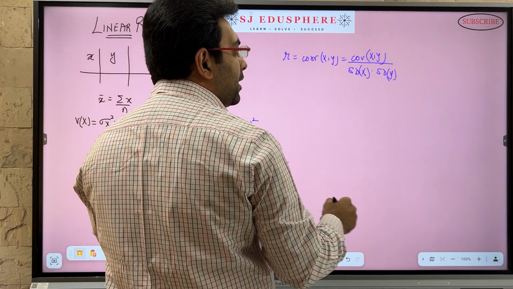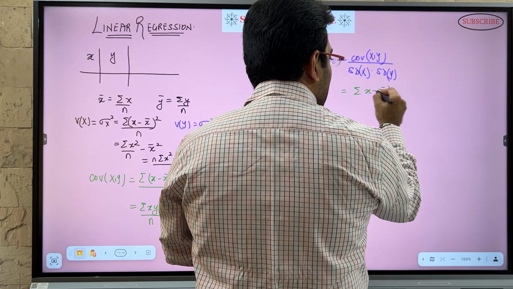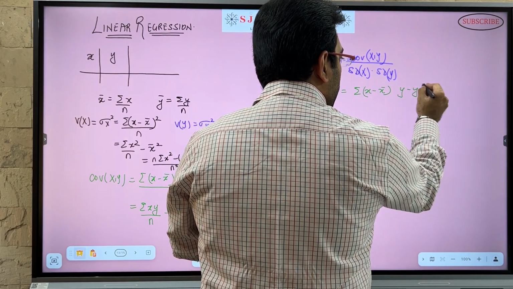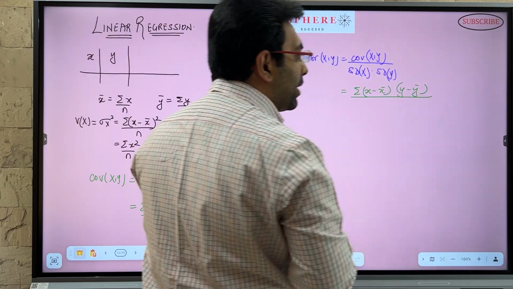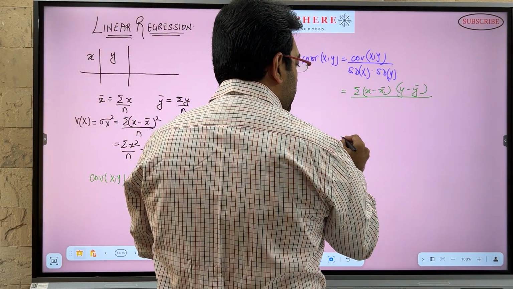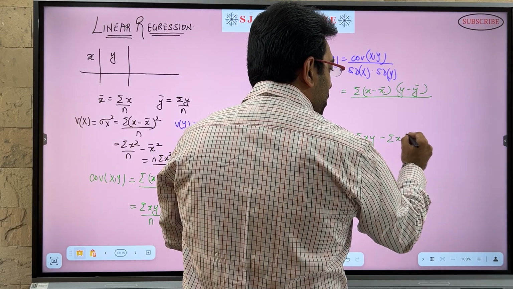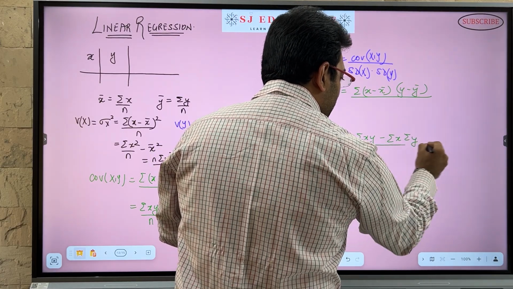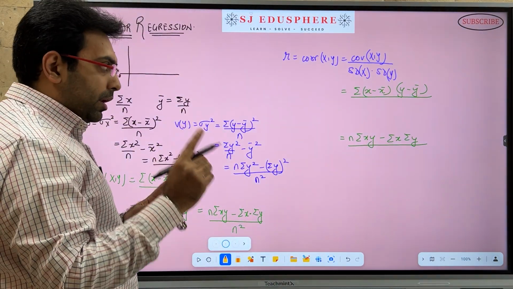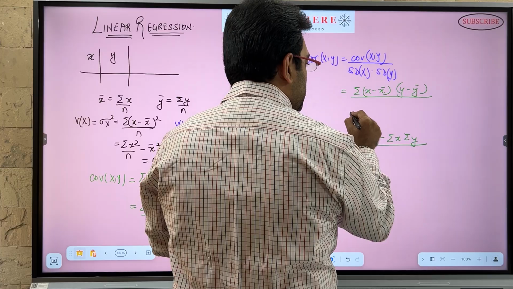Okay. So can I write my covariance over here as summation x minus x bar, y minus y bar as the numerator in the first case. In the second case, can I write it over here as n times summation xy minus summation x summation y as my covariance. Now, for standard deviation of x and y, make two roots.